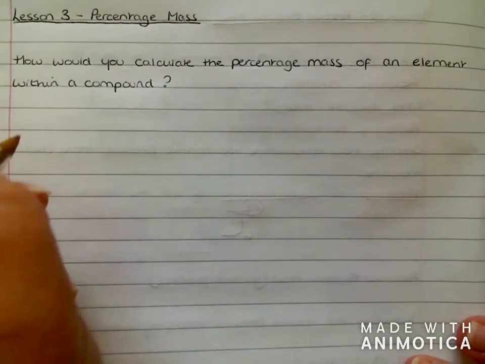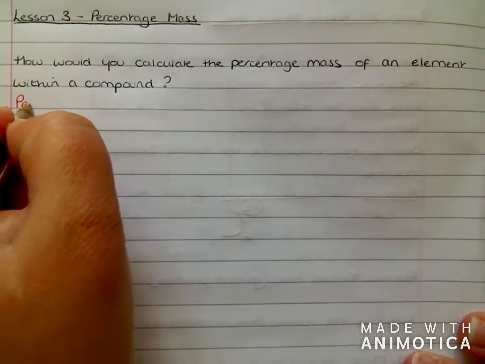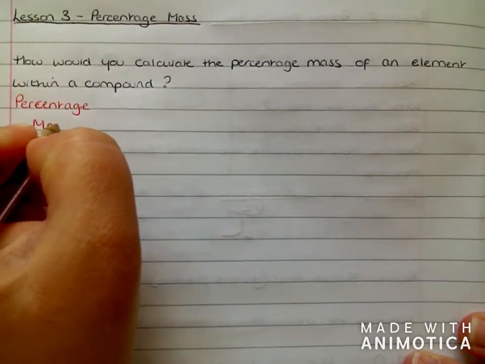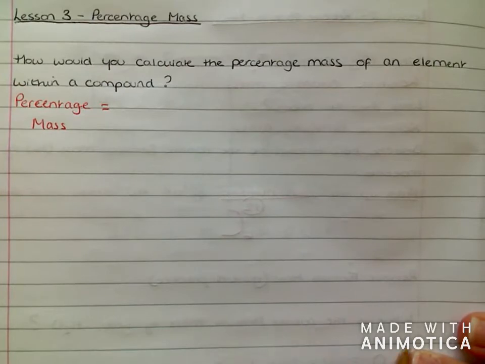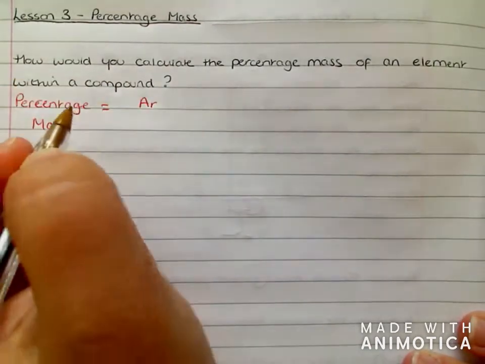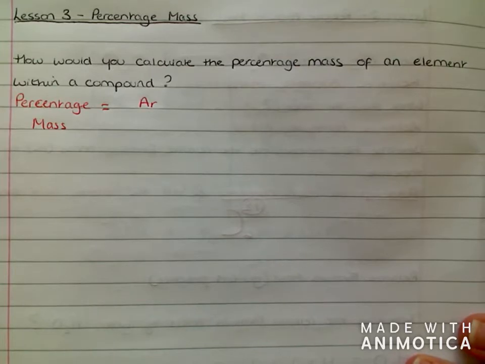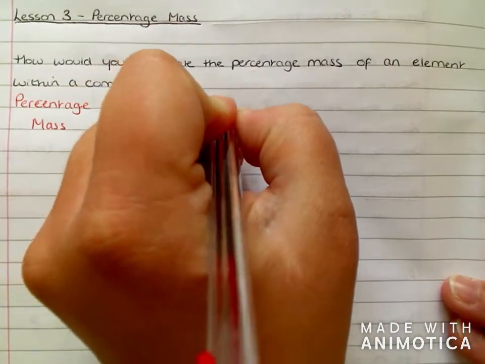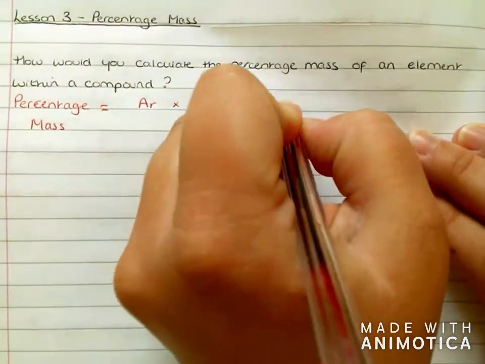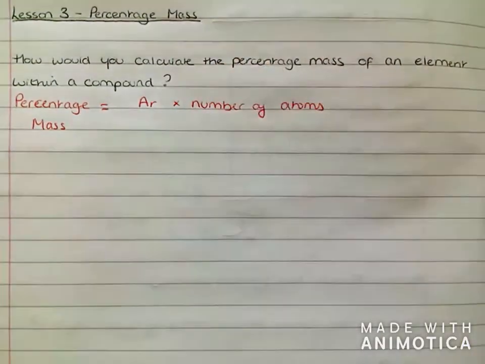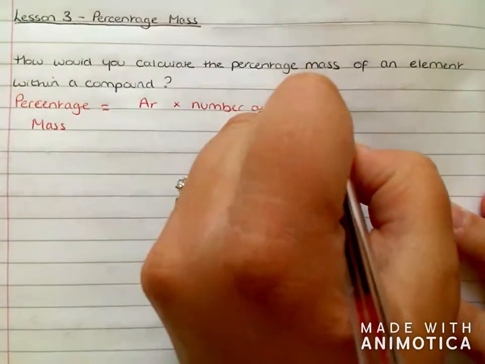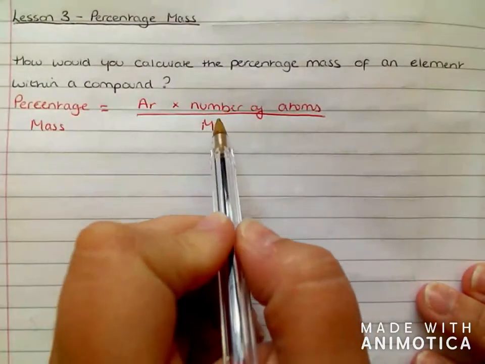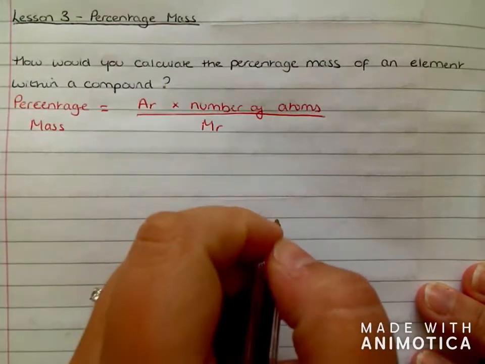You would use this formula. Percentage mass equals AR, if you remember from last lesson, means atomic mass or the top number, multiplied by the number of atoms, so how many I have, and then we divide all of that by the MR. Remember, that stands for relative formula mass, which is what we were looking at last lesson.